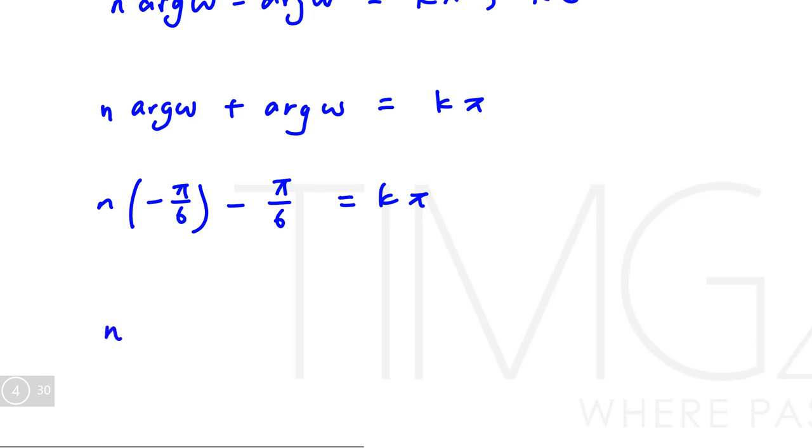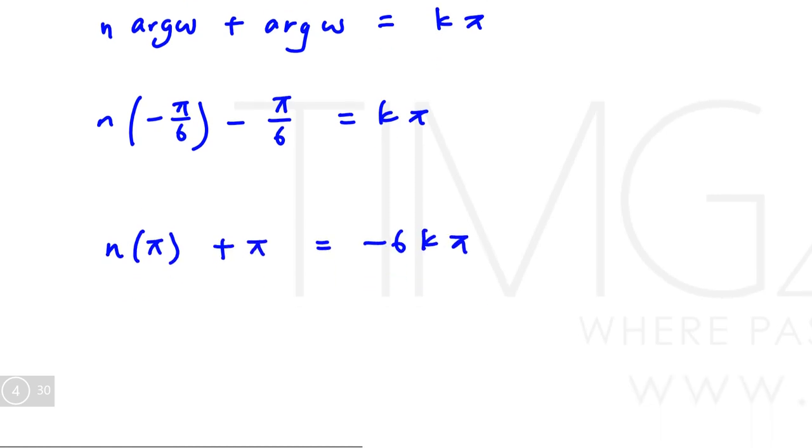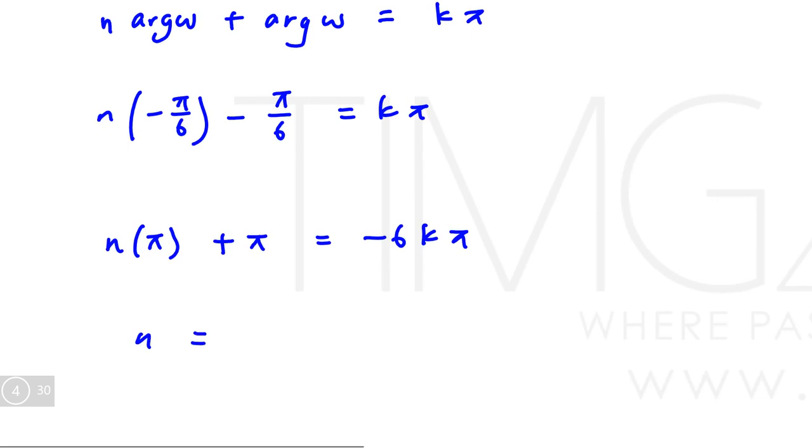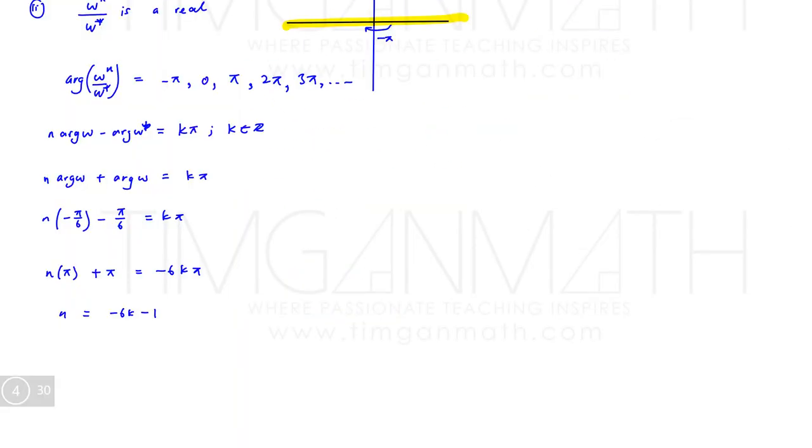So this is n pi plus pi. Okay, so n is equal to, pi can cancel out, minus 6k minus 1. That's it.